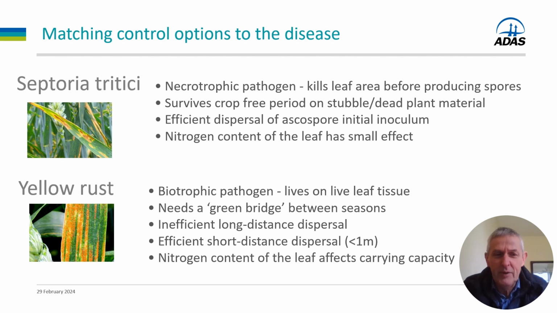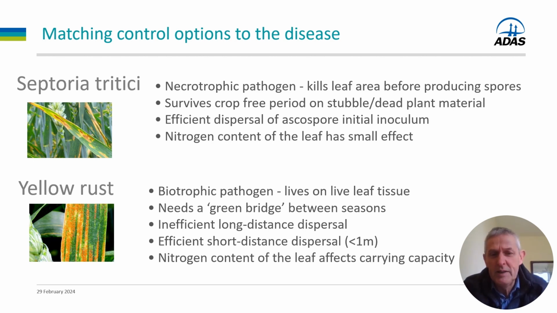However, in its favour, the short distance dispersal is really efficient. So plants rubbing together or spores moving a short distance in the air, less than about a metre or two, is really efficient, which is why those foci of yellow rust we see in the spring can extend and expand so incredibly rapidly.